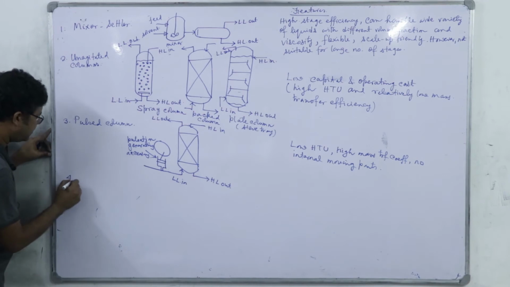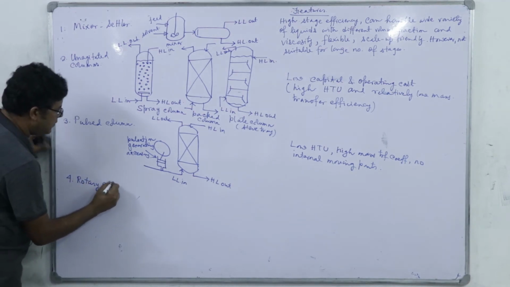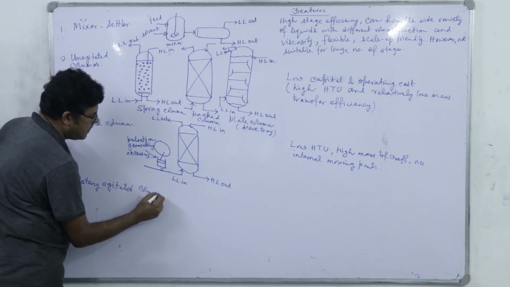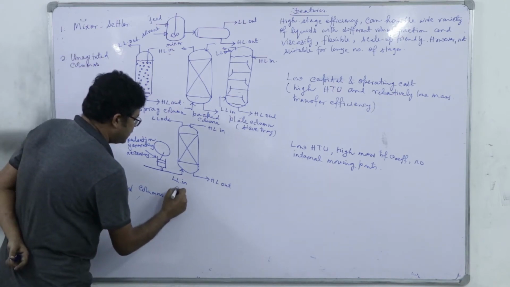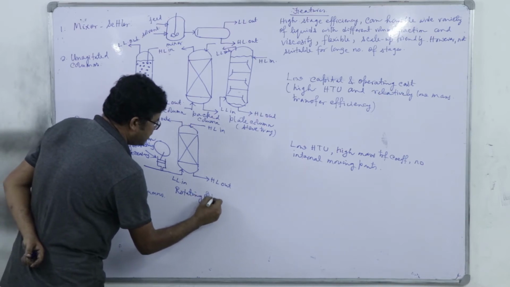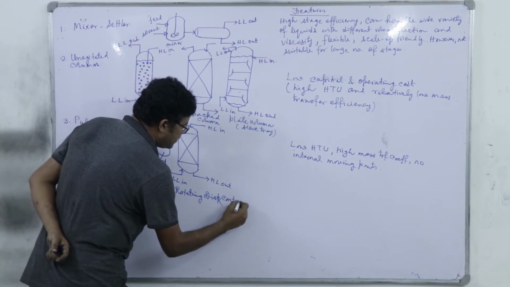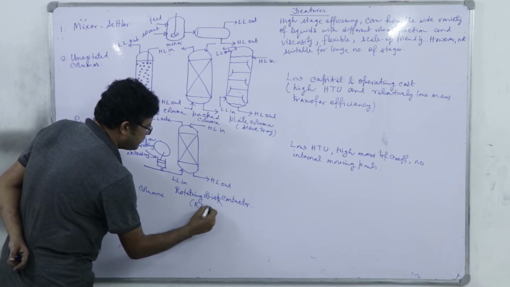Next we have rotary agitated columns. I am simply drawing what is called the rotating, there are different variations, rotating disc contactor, RDC. What is that?